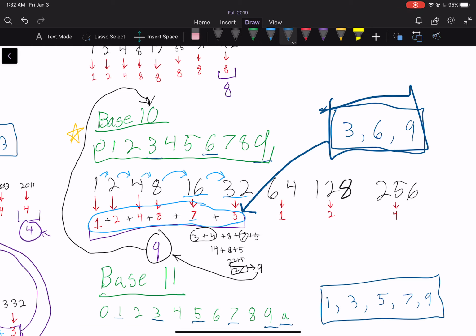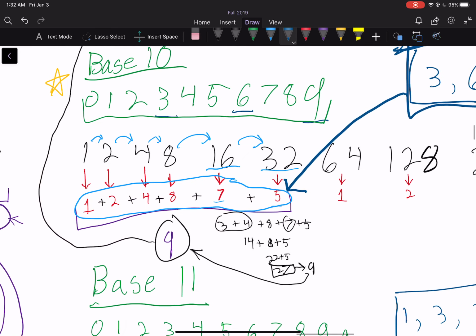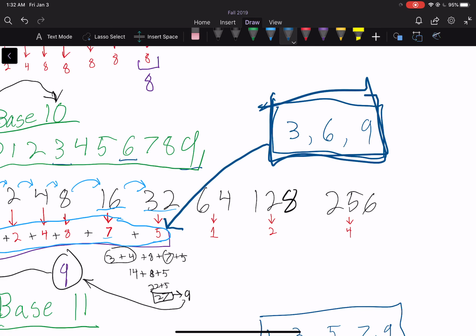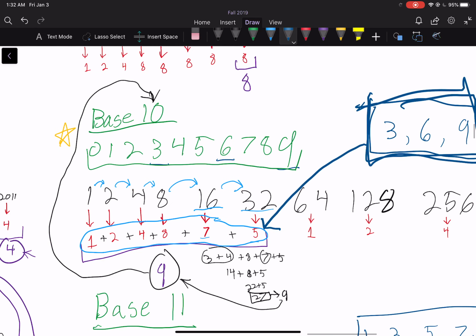I'll just say it one more time to really define it. So 369 right here, these are the numbers that are not involved in this repeating sequence right here. In this repeating sequence, when you digit sum it, you get a number that is 1 less than the base that you are in.